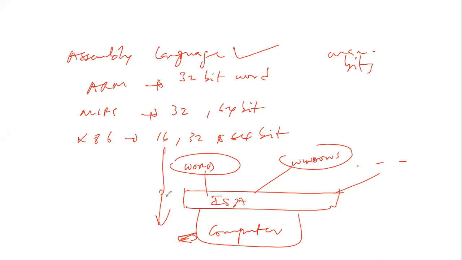And the instruction set is composed of individual primitive instructions that instruct the hardware of the computer to perform a primitive task, such as moving the content of a memory location to a register within the CPU, or adding the contents of two CPU registers, okay?